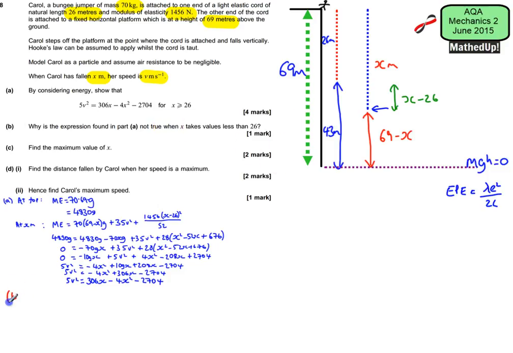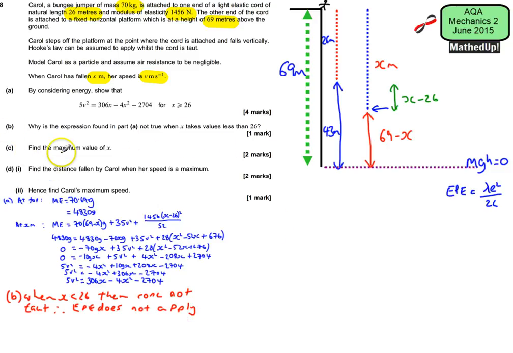So B, we would say when x is less than 26, then rope not taut, therefore EPE does not apply. Okay, and that's enough for a mark there.